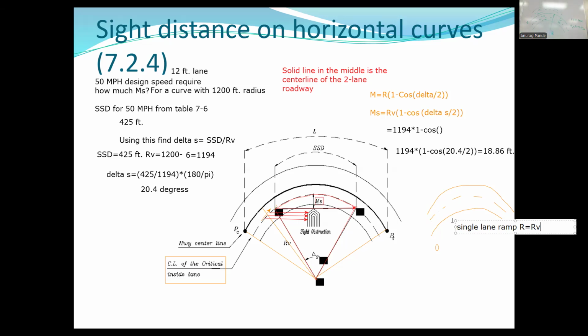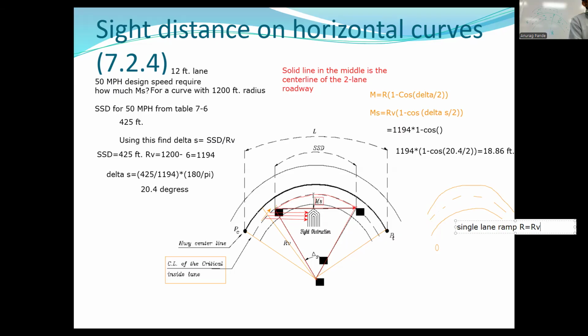So that's one thing. R and RV have to be related. The other thing is the same idea applies: be careful about the clearance distance. Where is that measured from? The MS formula that I just showed you measures the clearance distance between the obstruction and the center line of the inside lane.